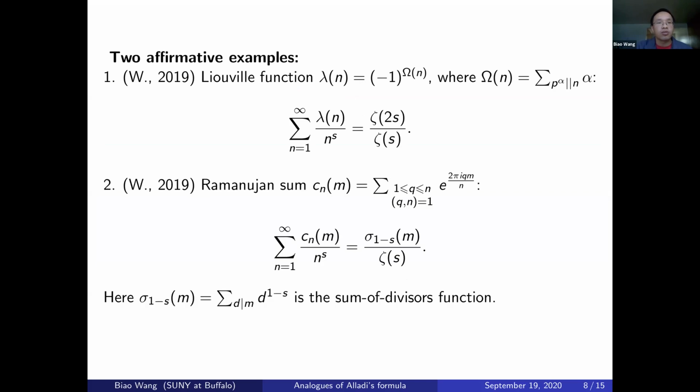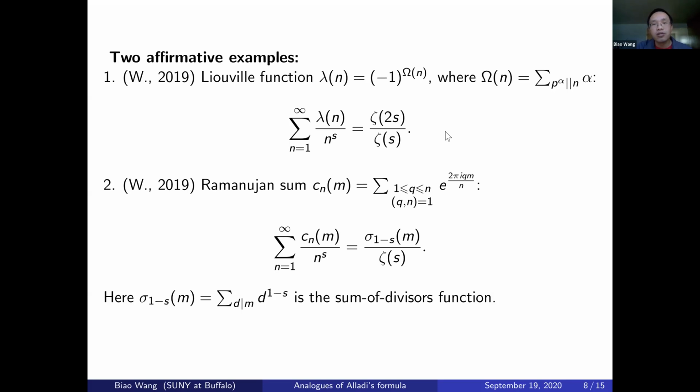So here are two examples which I did last year. The first example is the Nyquist function, and the second one is the Ramanujan sum. So here are their Dirichlet series.